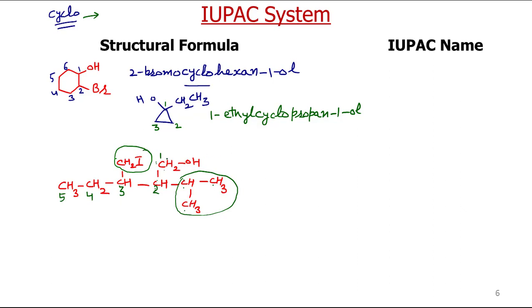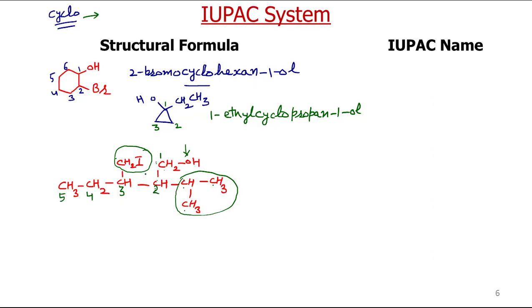Now the numbering will start from here because we have to give the lowest locant position to the OH group. So it is 1 2 3 4 5. Let us see first what the substituents are. This substituent is an isopropyl group, and this is iodomethane, so CH2I is called iodomethyl.